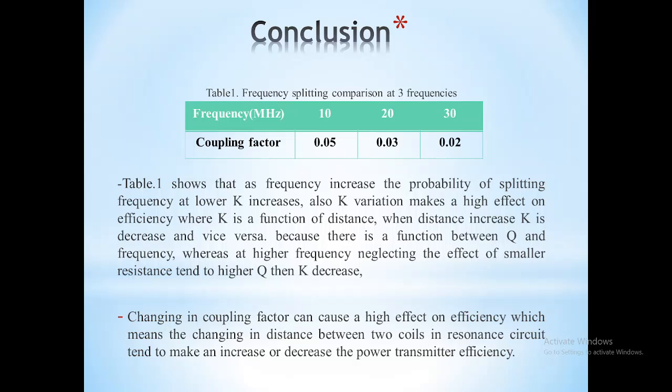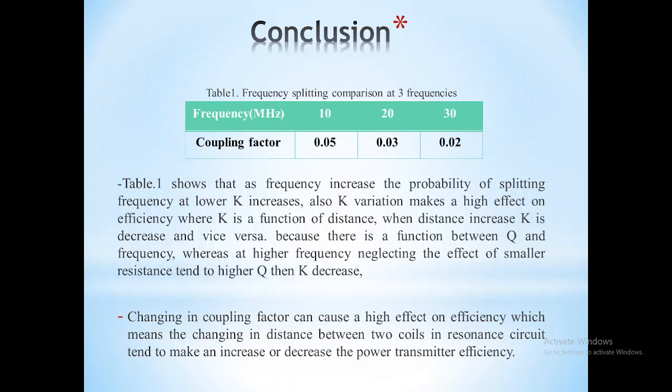The table shows that as the frequency increases, the probability of frequency splitting at a lower coupling factor increases. This is because of the relation between quality factor and frequency, whereas at higher frequency, neglecting the effect of small resistance leads to a high quality factor, and that results in a decreased coupling factor.